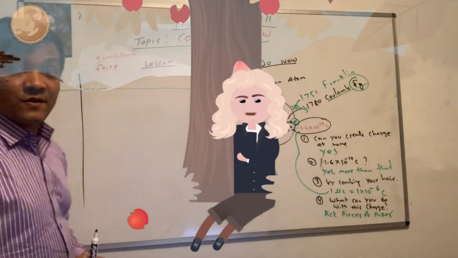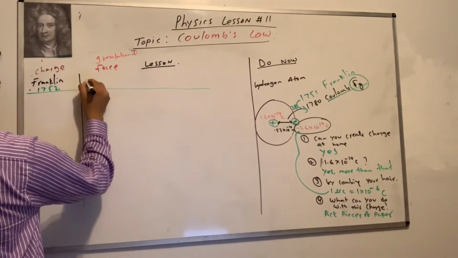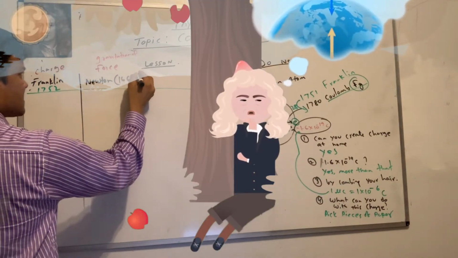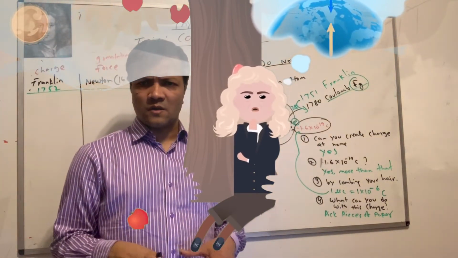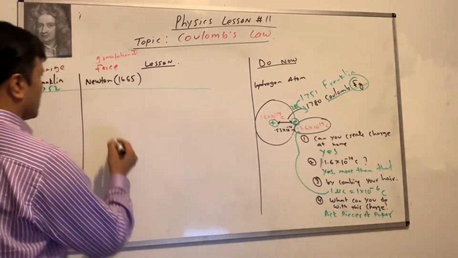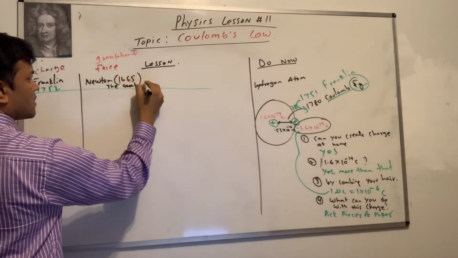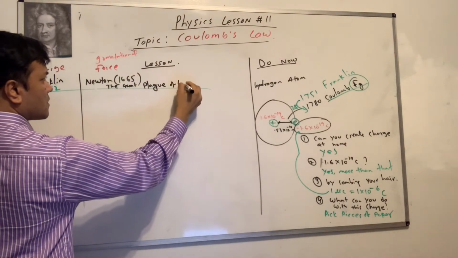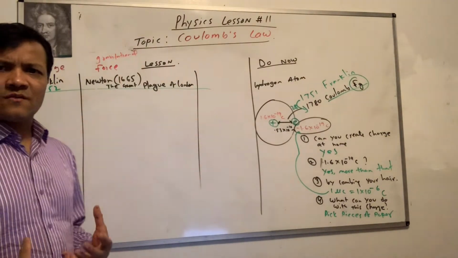The gravitational force was discovered by Sir Isaac Newton in 1665. In fact, 1665 was the year London was affected by plague, the Great Plague of London. During that time, he discovered the force of gravity.